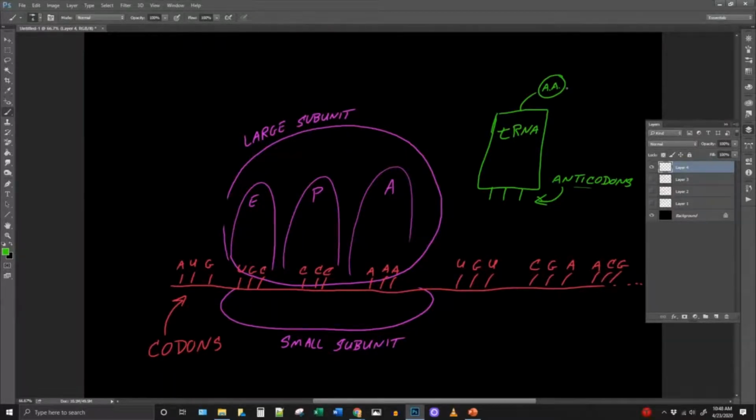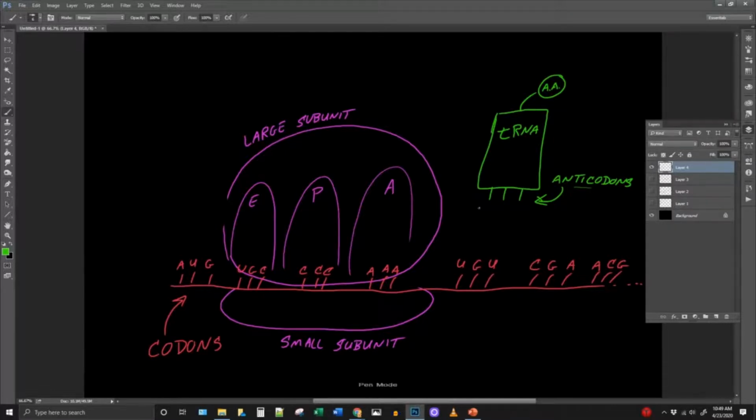So it's not random which amino acid and which tRNA come together. They are specific, right? Methionine is only going to be attached to a tRNA with UAC as its anticodon, and other amino acids also have specific anticodons that they will be attached to.